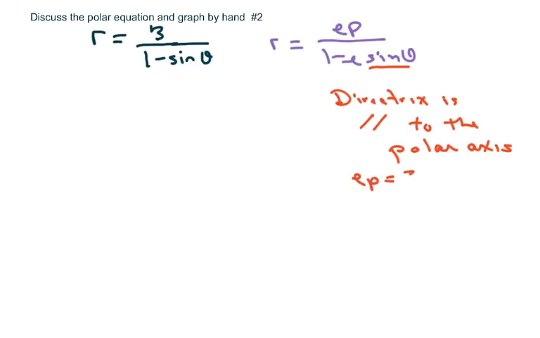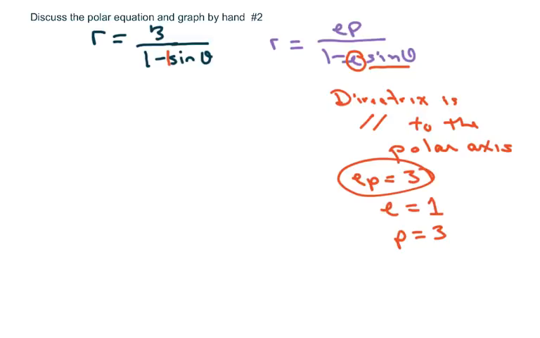All right. Now ep equals 3, and we know our e here is 1. So if e equals 1, then my p equals 3, because if you plug it back in, 3 times 1 is 3. Now, what else do we know?